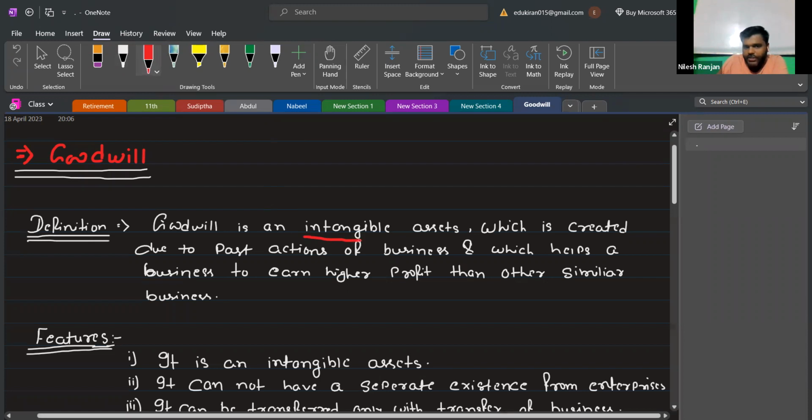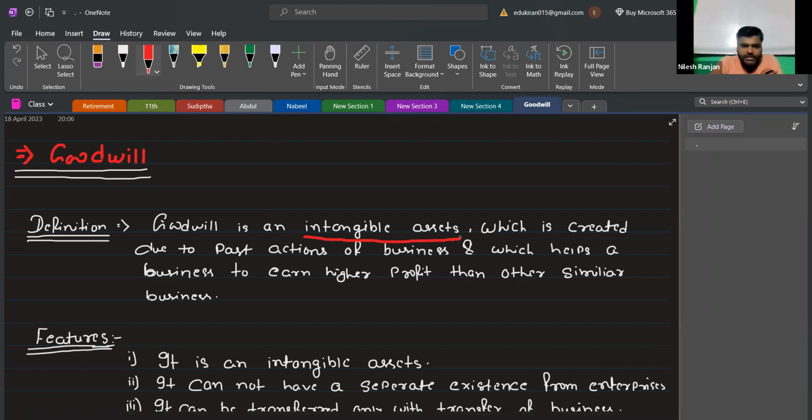Yes, an asset which cannot be seen or touched. So goodwill is an intangible asset which is created due to past actions of business and which helps a business to earn higher profit than other similar business.